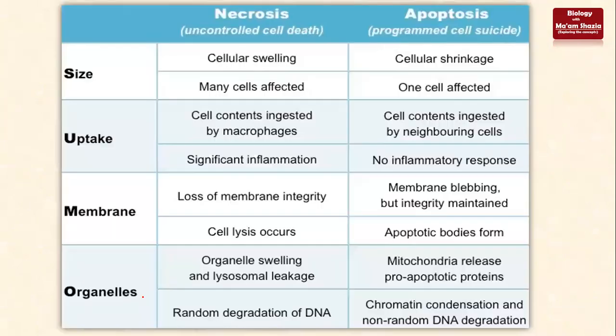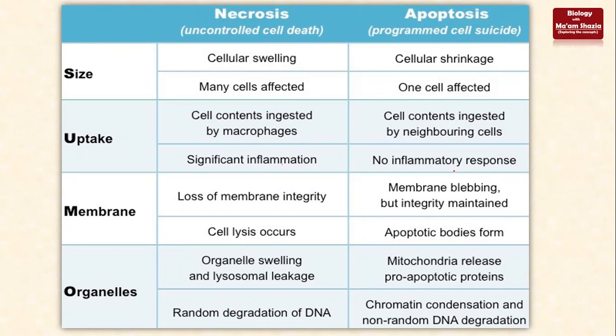Let's take another difference through words. You need to write sentences of all these things. Size: cellular swelling in necrosis, cellular shrinkage in apoptosis. In necrosis, many cells are affected, but in apoptosis, only one cell is affected. Cell content is ingested by macrophages in necrosis, but by neighboring cells in apoptosis.